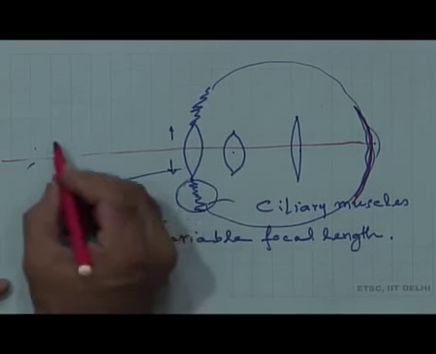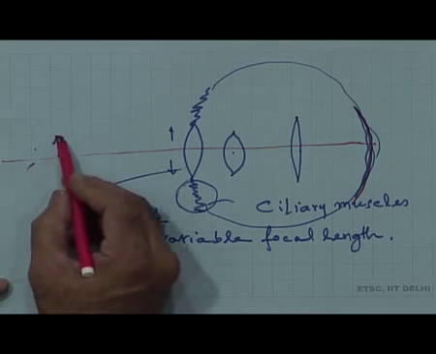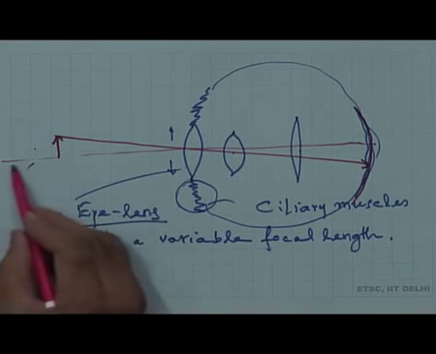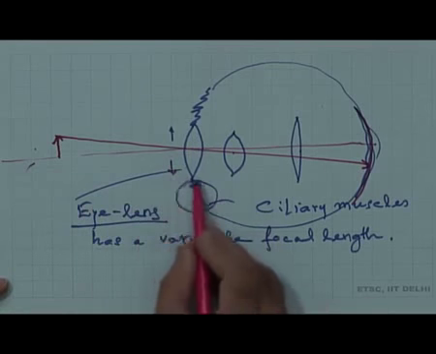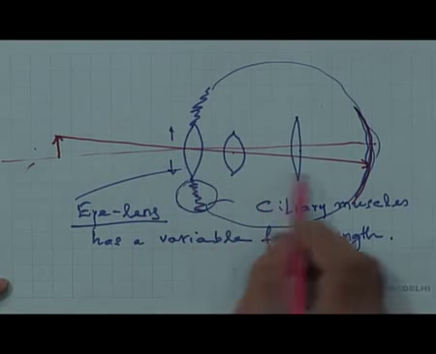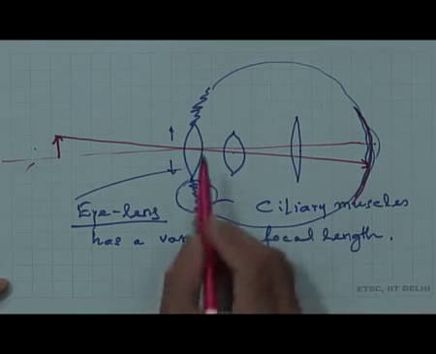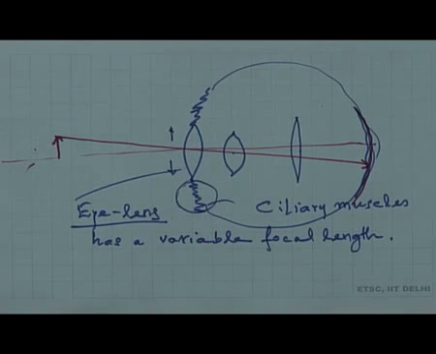Let me just show as an example, that if the object is here, then it forms an image here. Now, depending on the position of the object or object distance u, the focal length will get adjusted, so that the image is always formed on the retina. And this process of adjusting the focal length is called accommodation.